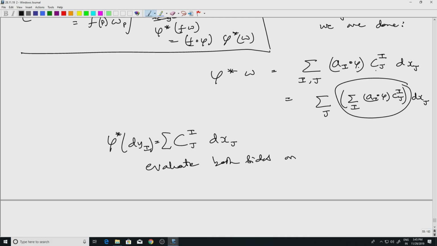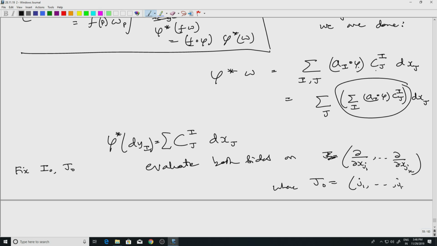So let's do one thing. Fix I0 and J0. Evaluate both sides on del by del x^{j1}, ..., del by del x^{jk}, where J0 equals (j1, ..., jk).